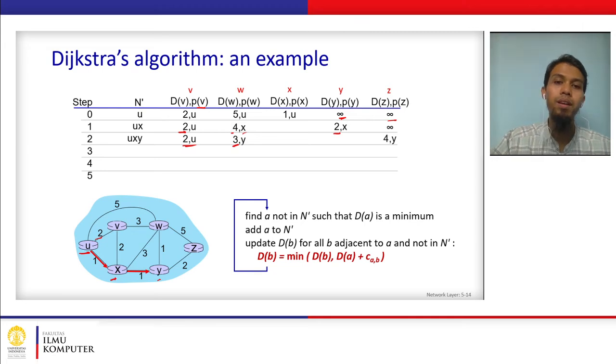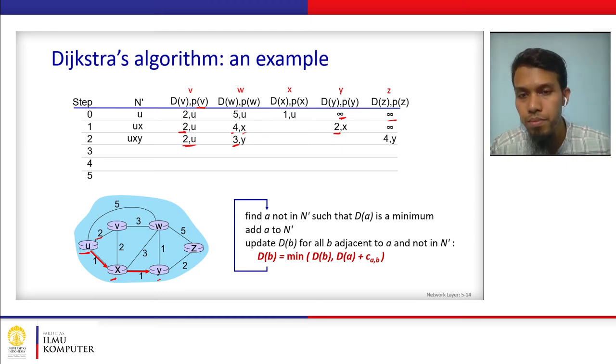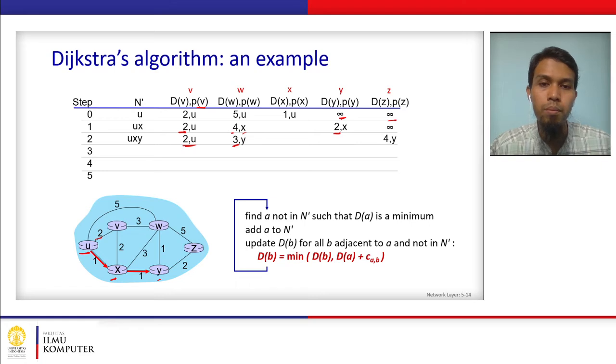So we find a new least cost path from u to w. And then we also find another new node, the path from u to z, through y.